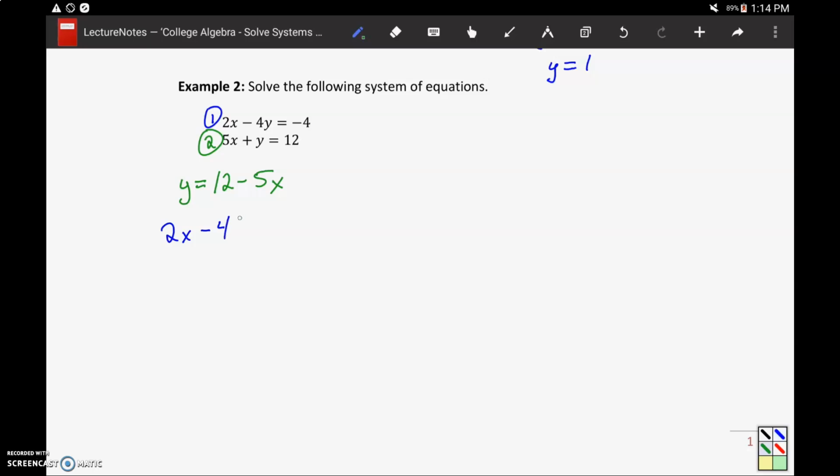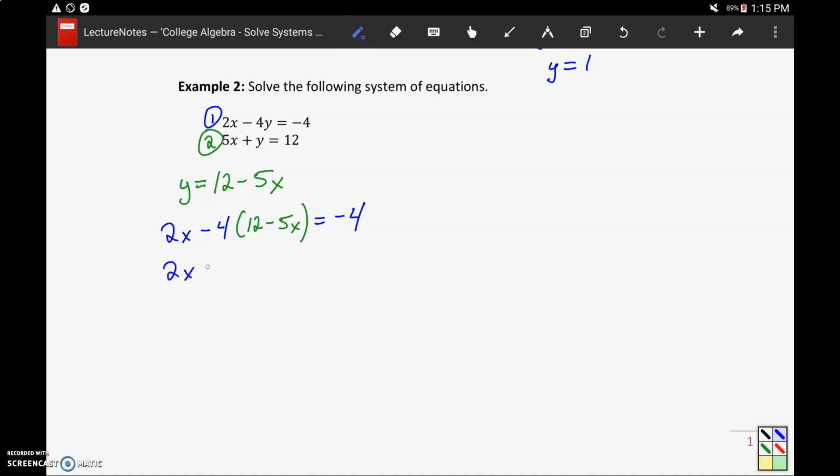So when we encounter that y, we'll drop in the 12 minus 5x that we know is equal to y, and then distribute through and solve for x. We know that we're on the right track with this substitution method because what we've ended up with here is an equation with just a single variable. Once we have an equation with just a single variable, that means we'll be able to solve.